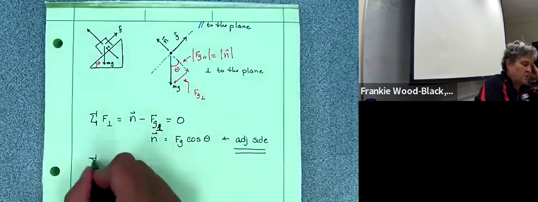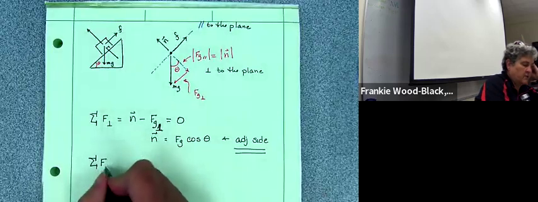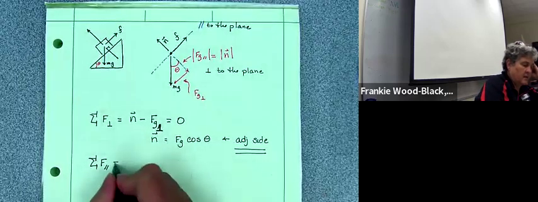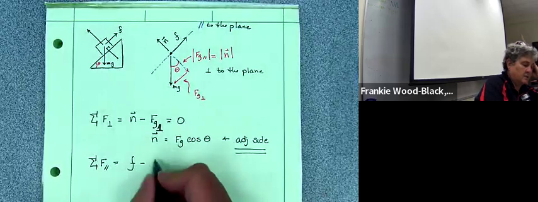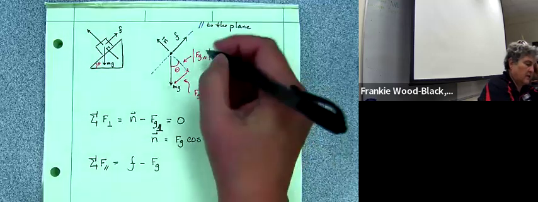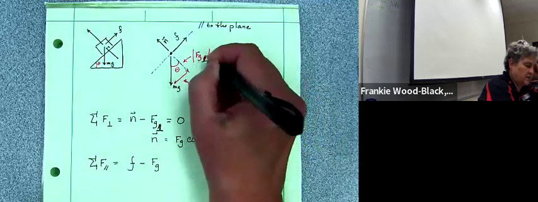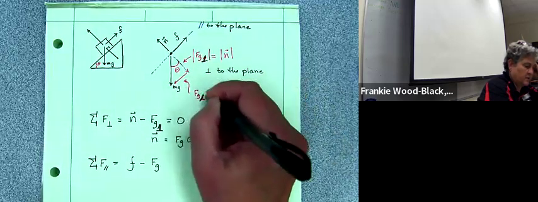Now the sum of the forces perpendicular to the plane is going to be my frictional force minus my force due to gravity parallel. Oops, did I do this wrong? This is perpendicular, and that's parallel.